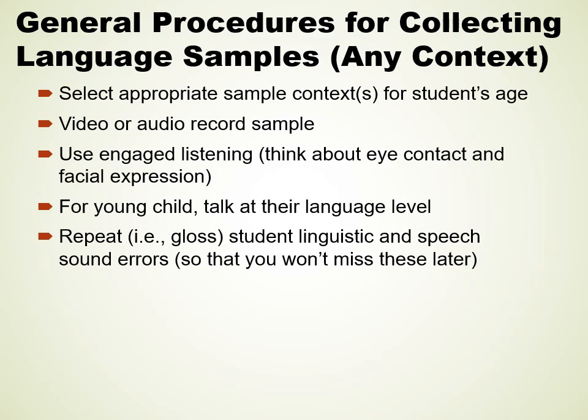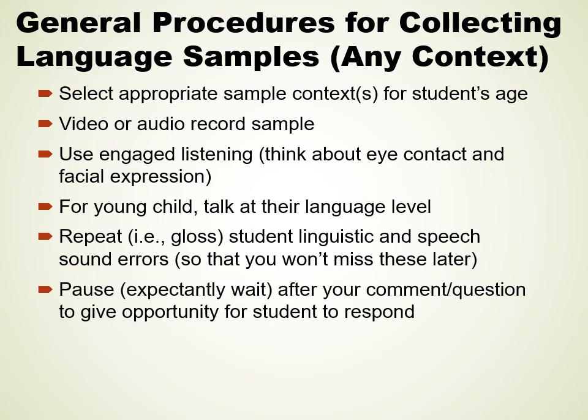You want to repeat, and sometimes this is called glossing or gloss, the student's linguistic and speech sound errors. You do this so that when you're listening to the sample later, you won't miss these errors in your analysis. You also, after you take a turn with a student, and that turn might be simply glossing what they just said, you want to pause.